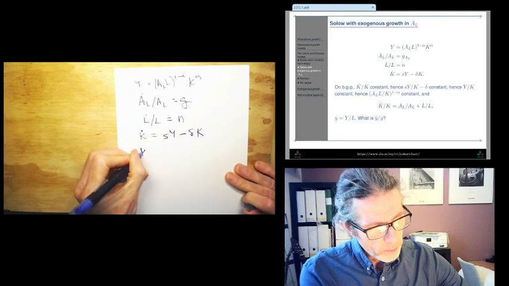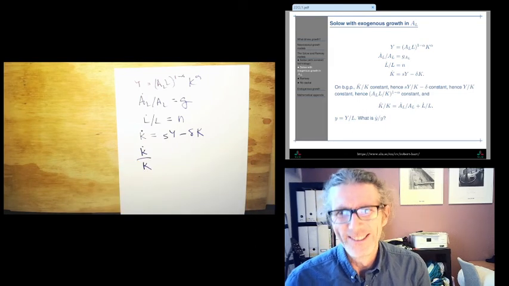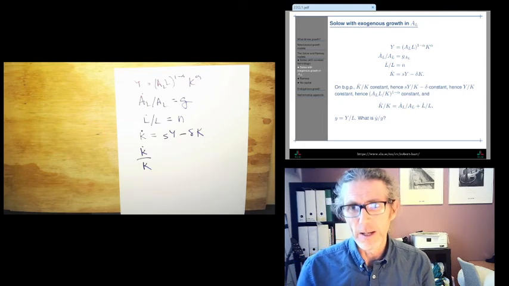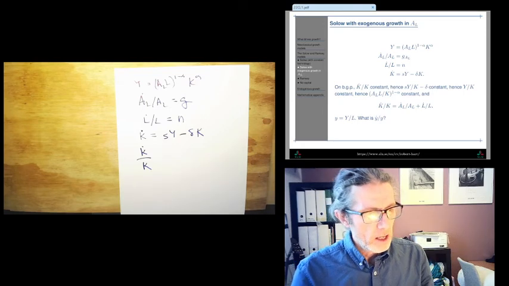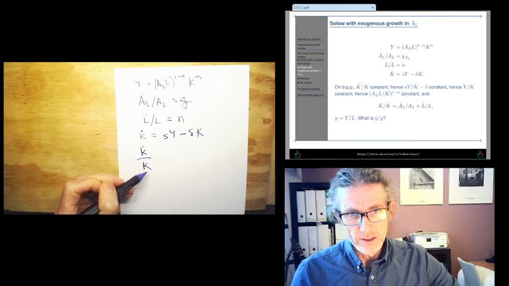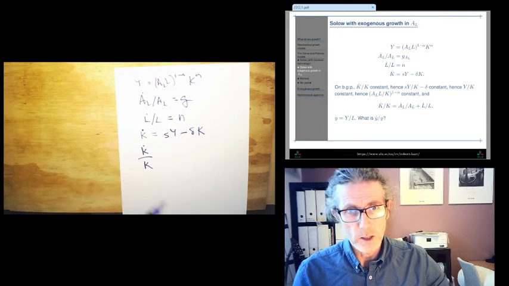On a balanced growth path, we know that K dot over K, for instance, must be constant. Remember the definition of a balanced growth path. All the state variables have to grow at constant rates. So that's not K dot is constant, K dot over K must be constant.